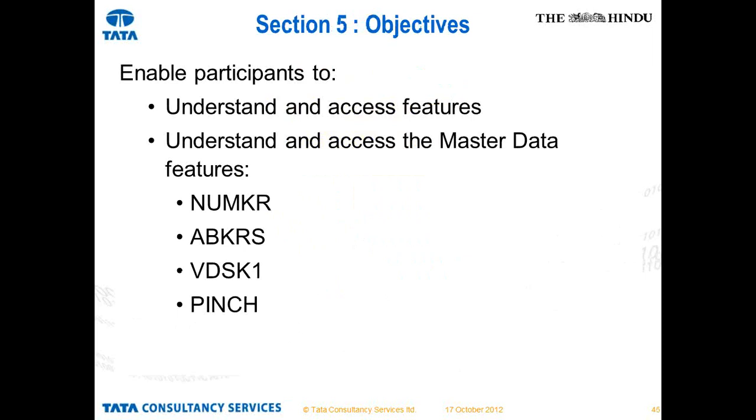To default your payroll areas. VDSK1 to default your organization unit keys. PANCH. It's a feature name to default your what? Administrative groups. We utilize them when we are configuring info type number 1, info type number 7, info type number 8, and many more.